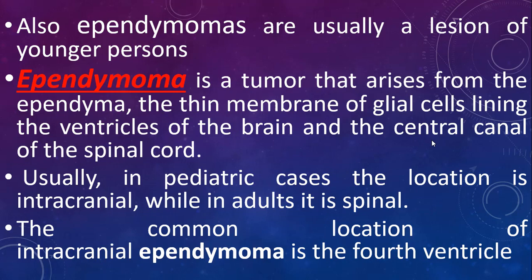Pediatric cases are intracranial, while adult is spinal. The common location of intracranial ependymoma is the fourth ventricle, i.e. in pediatric cases, because in pediatric cases the location is intracranial.